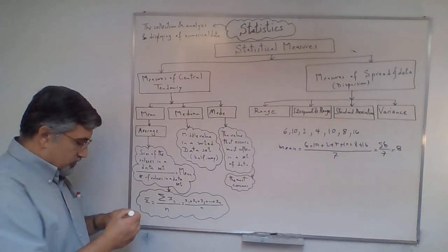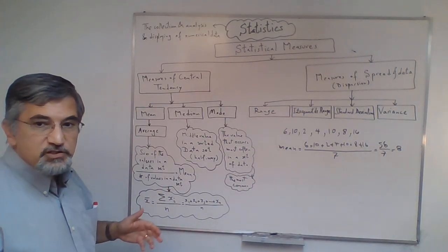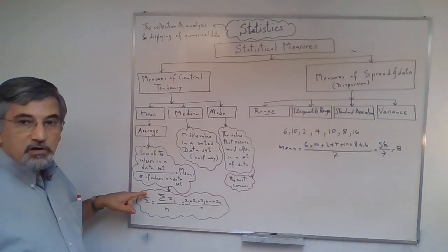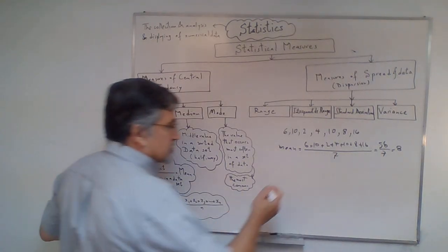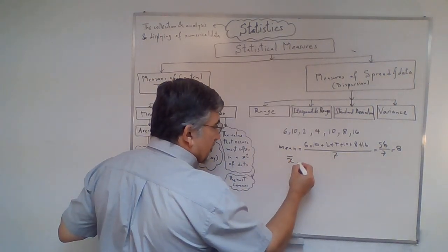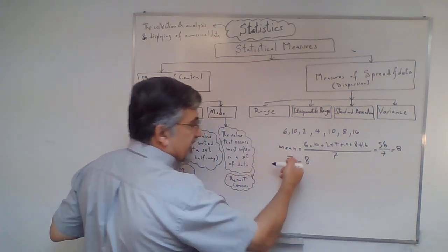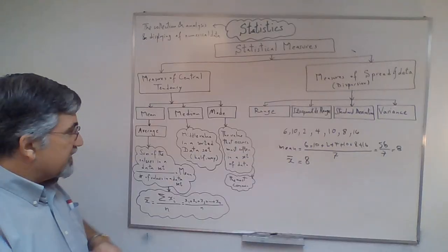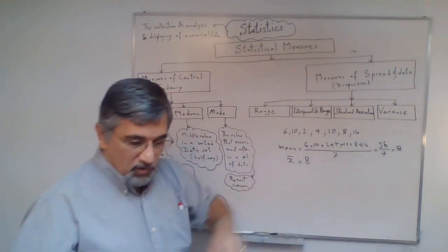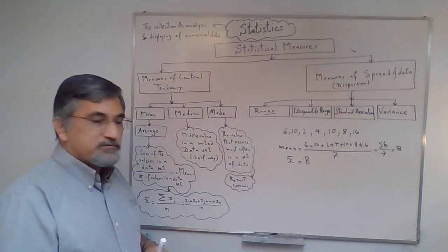In maybe more advanced notation, we use X bar notation to show the mean. So if I'm writing X with a line on top of that, we read it as X bar. That represents the mean or the average. So I say X bar equals 8. And then each one of these data values is denoted by X with a different subscript.